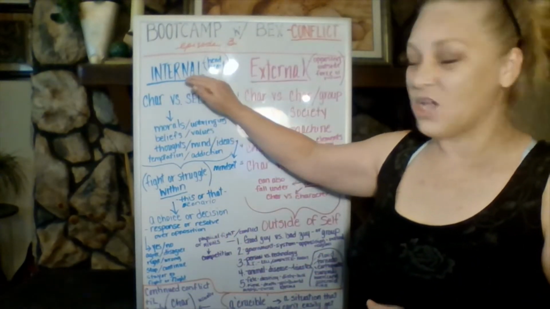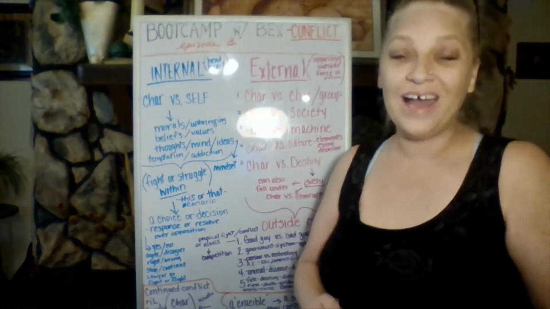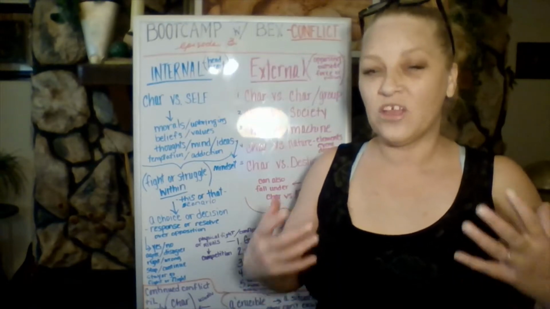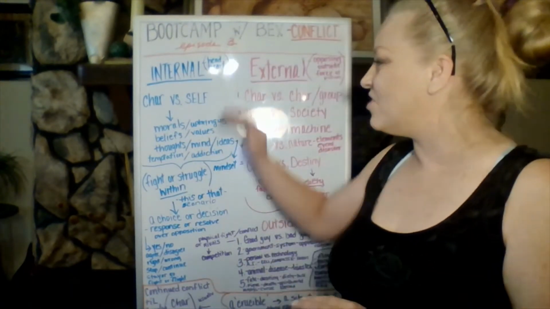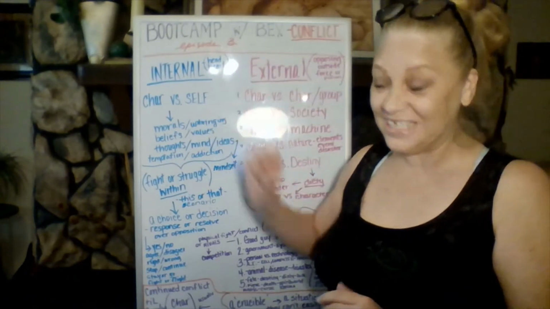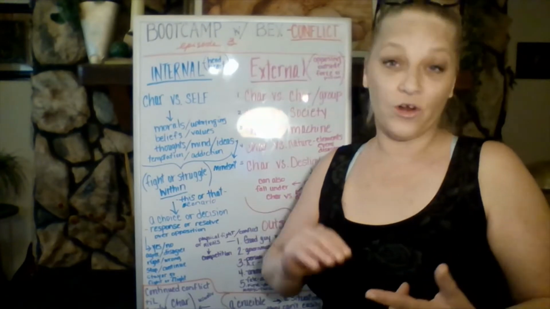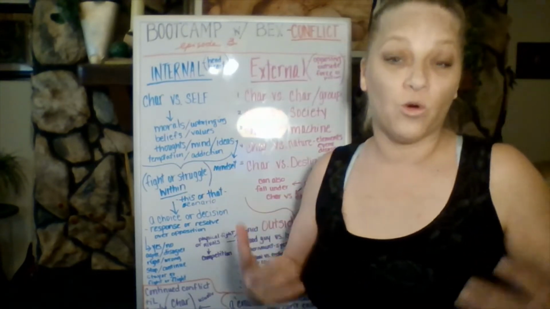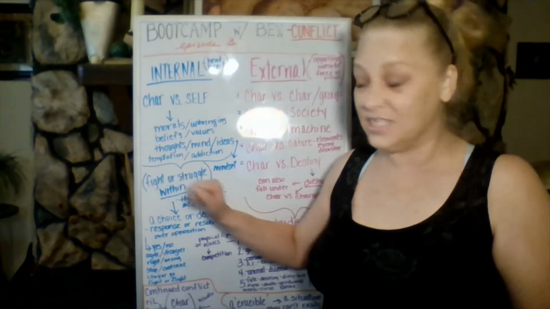The internal is the conflict that takes place, character versus self. So that conflict is going to take place within your character's mind or their heart, so head or heart. And these types of conflict, the character versus self, usually address either their morals or their upbringing or their beliefs or their values. It could also be their thoughts, their minds, their ideas.